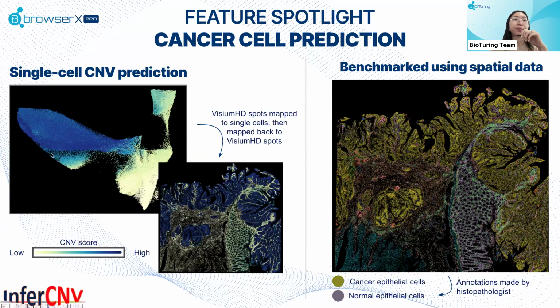We used the cancer cell prediction tool on a single cell data set, and this data set is actually Visium HD. For those of you who are familiar with spatial data, with Visium HD you're looking at the spatial data in individual spots.